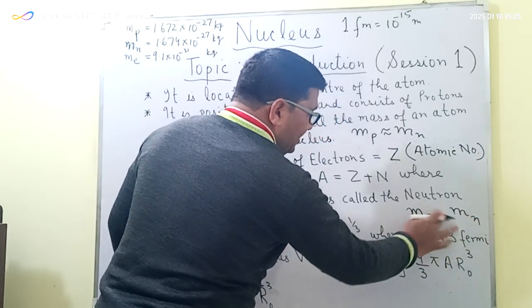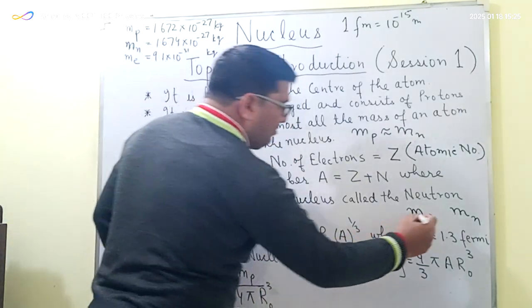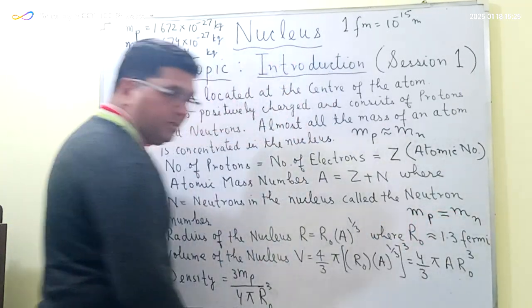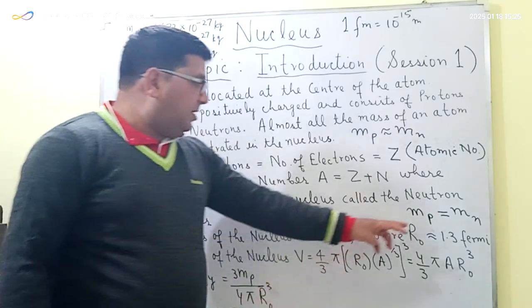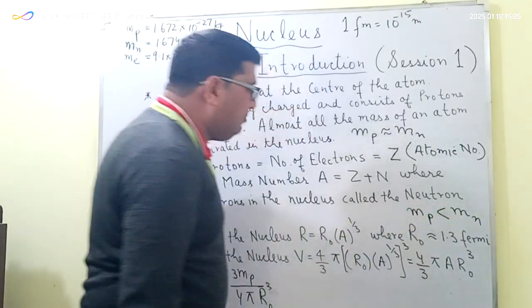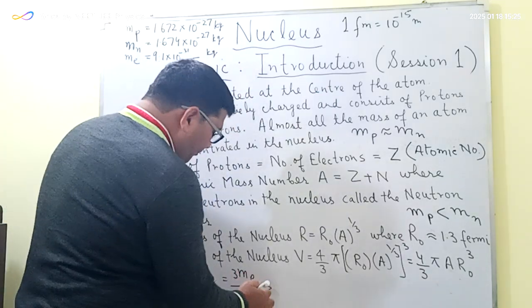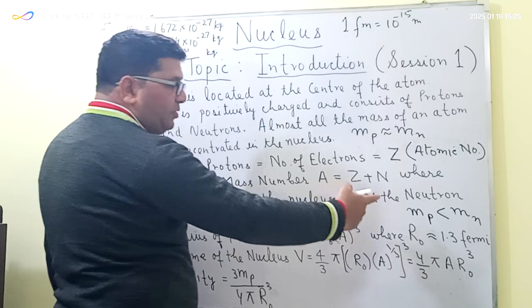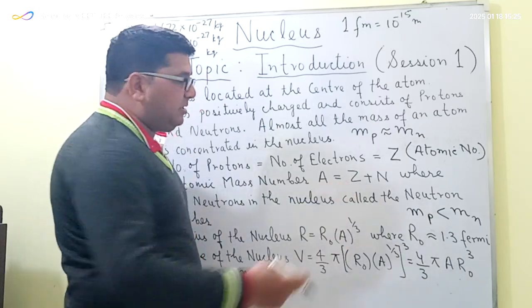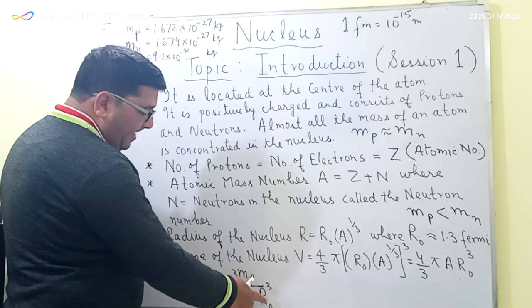Sorry, for calculating the density of the nucleus, we have considered that the mass of the proton is equal to the mass of the neutron. Actually the mass of the neutron is slightly more than the mass of the proton. So if the mass of the proton is taken equal to the mass of the neutron, then the formula will be equal to 3 mp divided by 4 pi r naught cube.